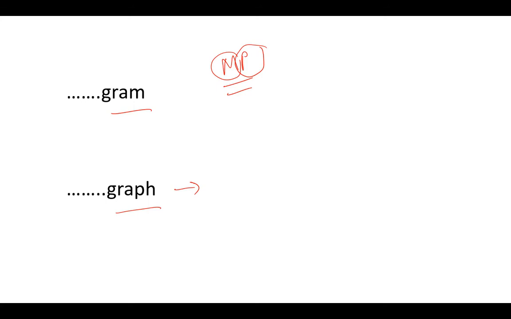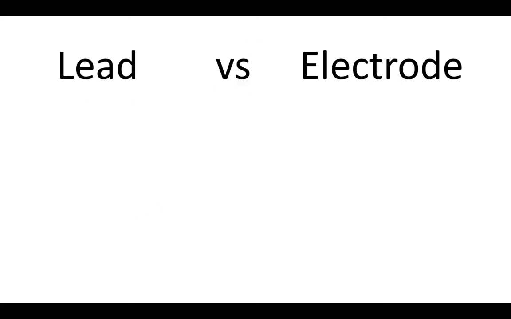Now next we need to learn a very important basic thing, that is what is a lead and what is an electrode. Let us discuss first what is an electrode. An electrode is a metallic terminal that receives electricity and transmits electricity.